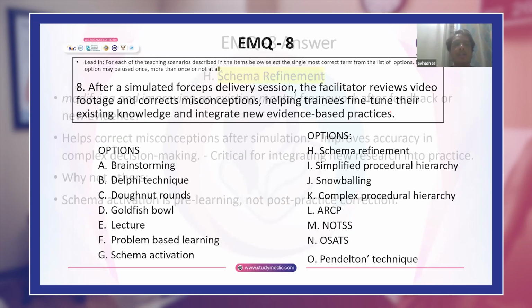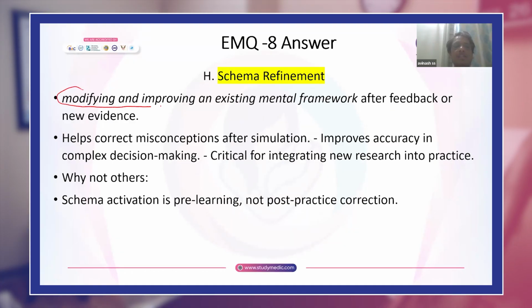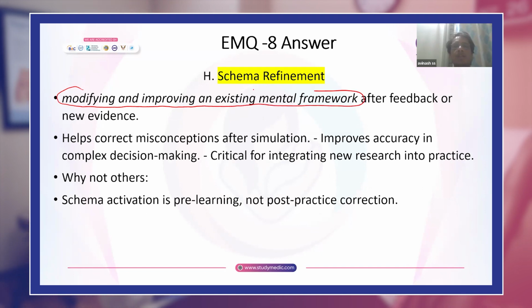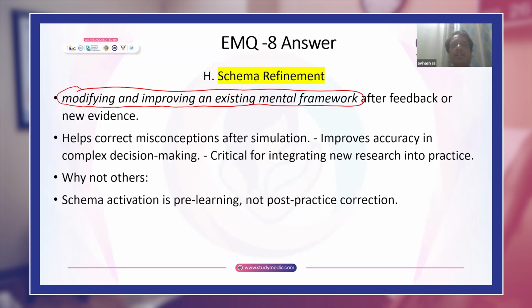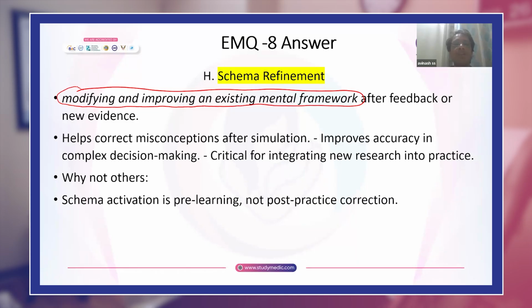So here you can see already existing knowledge is getting modified and improved. That is, the existing mental framework, the schema, is getting modified or refined after feedback or finding of the new evidence.